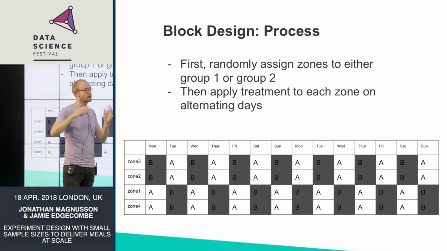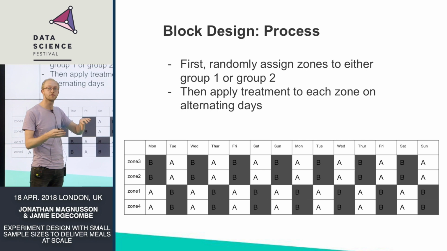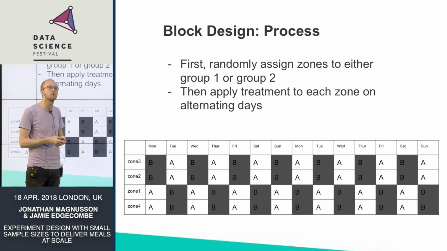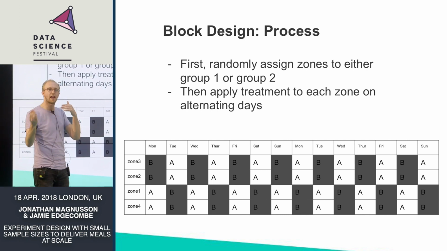And then that will alternate each day. So on the Tuesday for these zones, it will go back to what they have now, so the normal size delivery radius. And then that will continue. So it's like a BA effect.